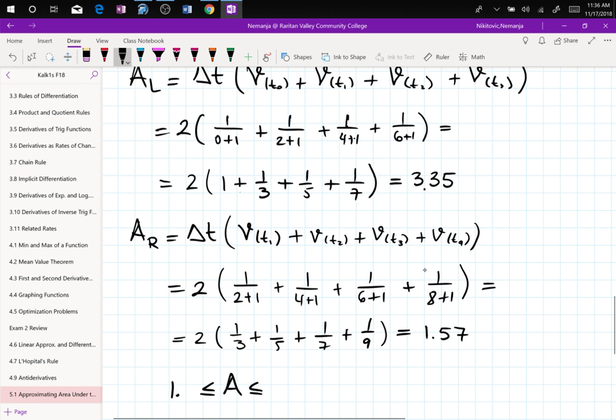So the true area is somewhere between 1.57 and 3.35. I can actually tell you exactly what that area is, but right now the method is, if you want a better answer, double the amount of your rectangles or increase it in any way, doubling or tripling or whatever.